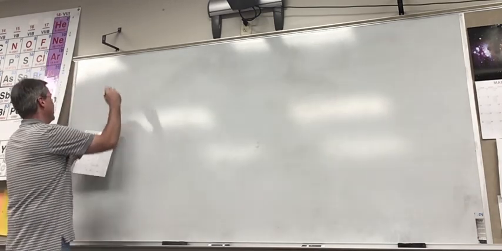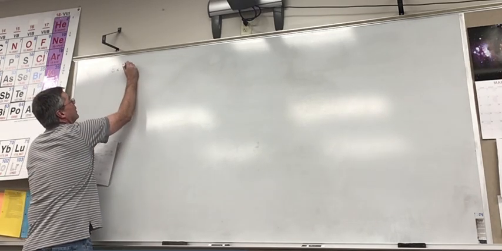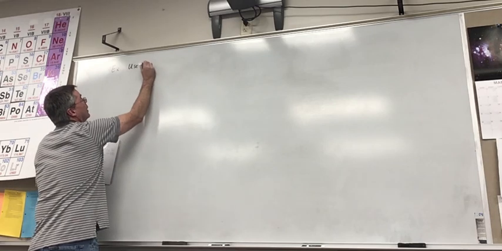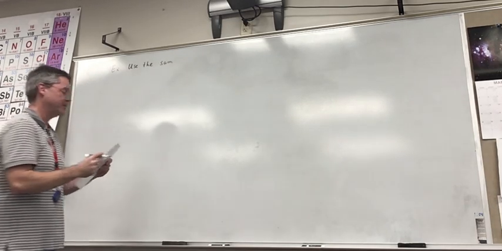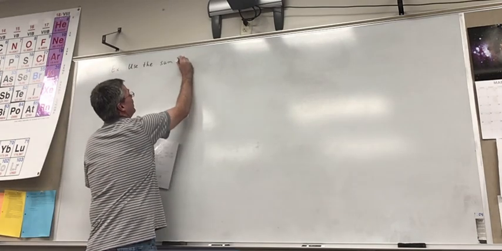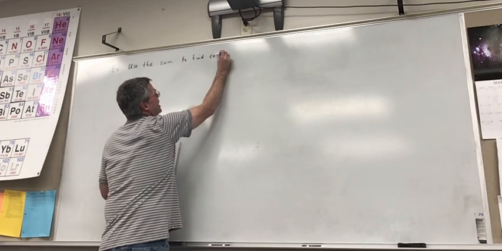Okay, the next one is use the sum formula. We're going to use a formula that's got a plus in it to find cosine of 75 degrees.